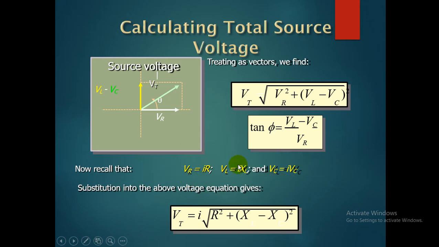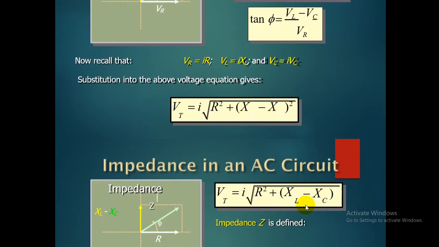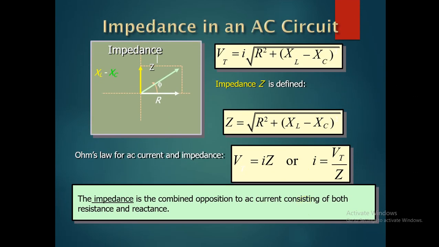And here are some equations based on Ohm's law. The Ohm's law equation is V total equals I Z, where Z equals the square root of R squared plus (XL minus XC) squared. Then finally we will see the impedance in an AC circuit.